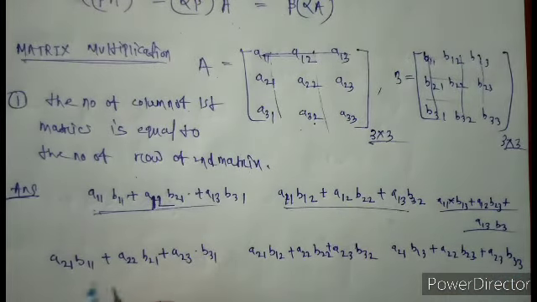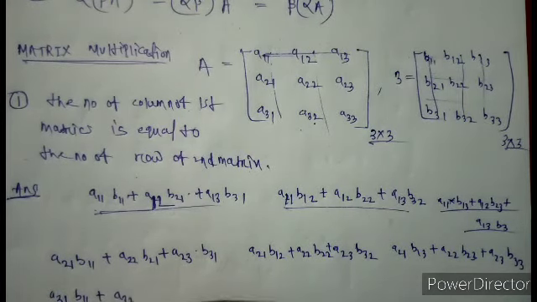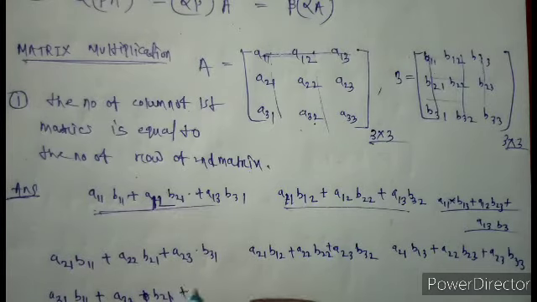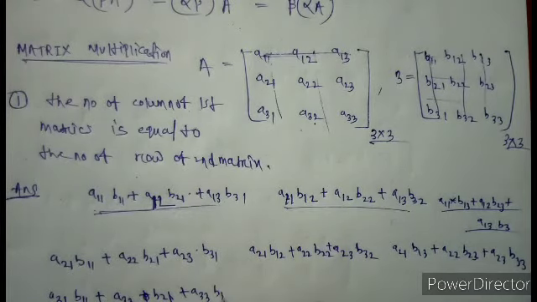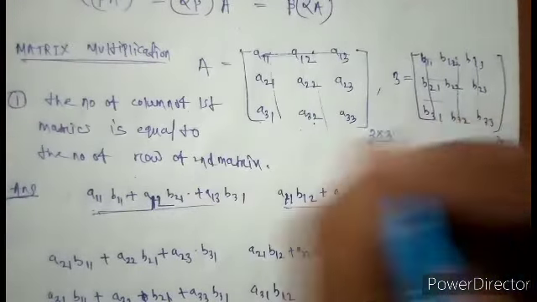Then similarly, A31 B11 plus A32 B21 plus A33 B31. Similarly, this is multiplied with this, this is multiplied with this.